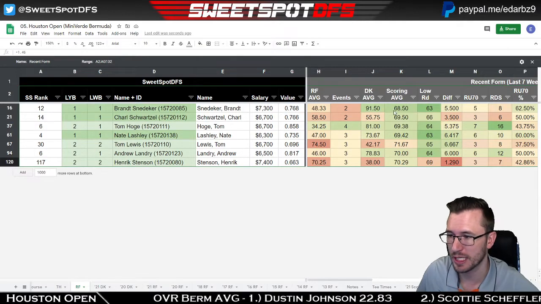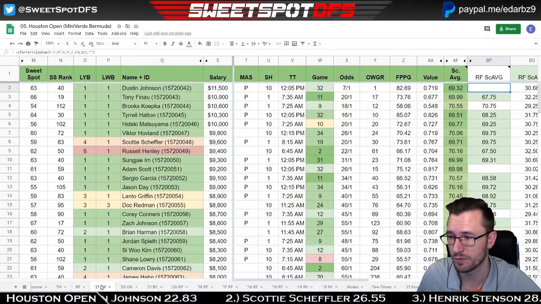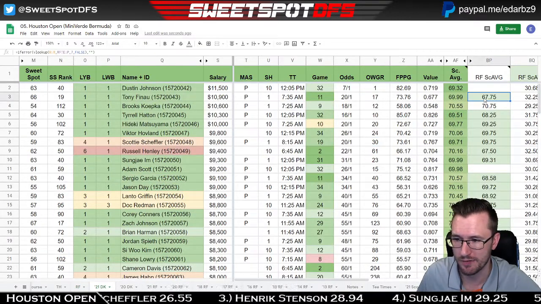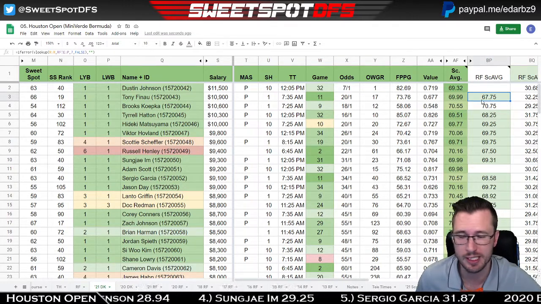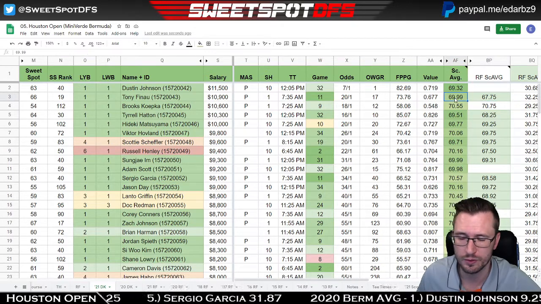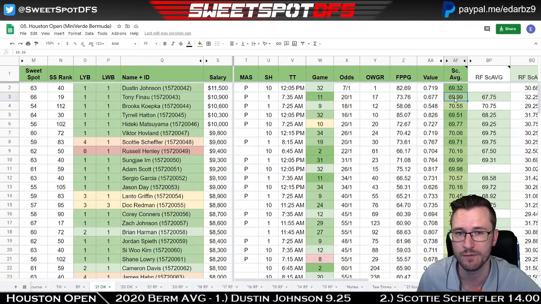But this would be looking at the last 7 weeks, which is what we covered in the recent form video and pod. This would be their scoring average. And I put a conditional on there that if it's under field average, it gets highlighted green. At one point in time, I had a filter on this to show me who was also under field average.